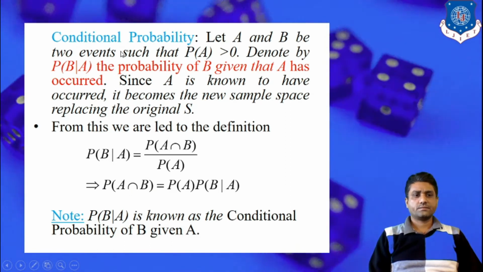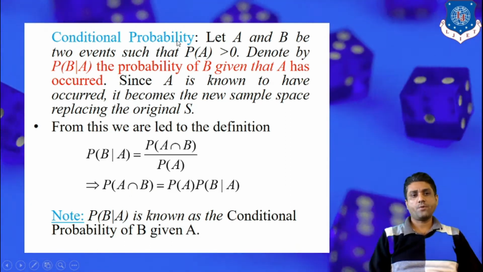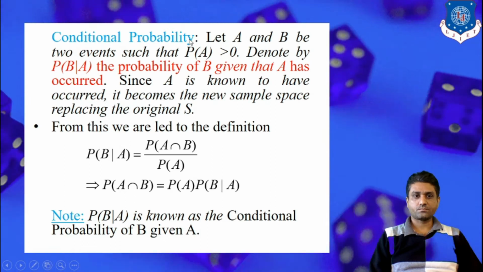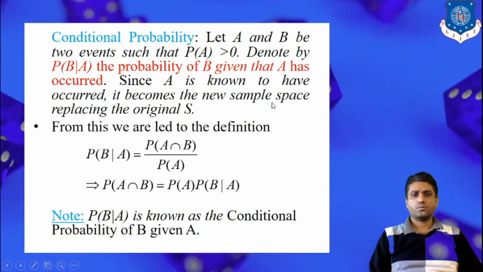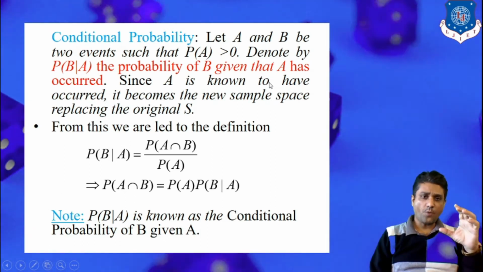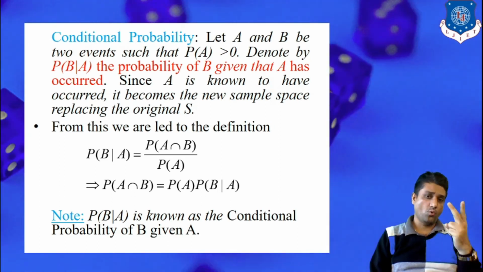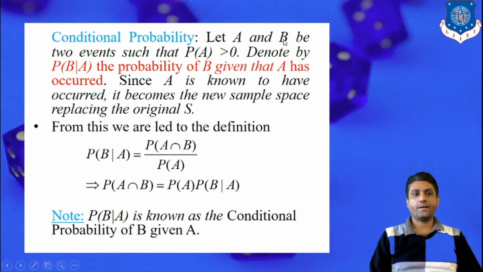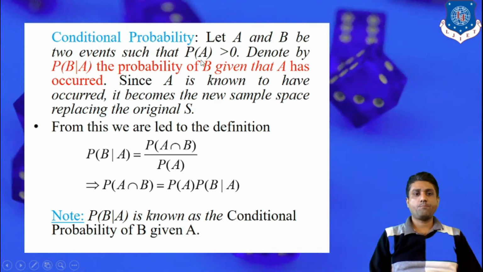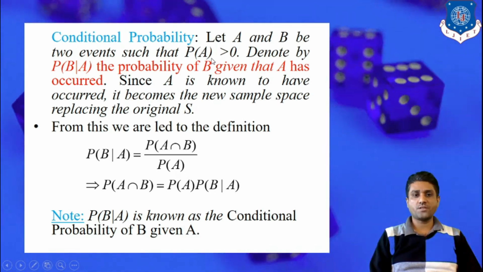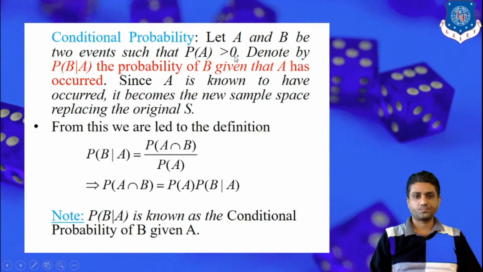Let's see the basic concept of conditional probability. In conditional probability, we talk about 2 events. Let capital A and capital B denote 2 events such that the probability of the happening of the first event A is greater than 0.